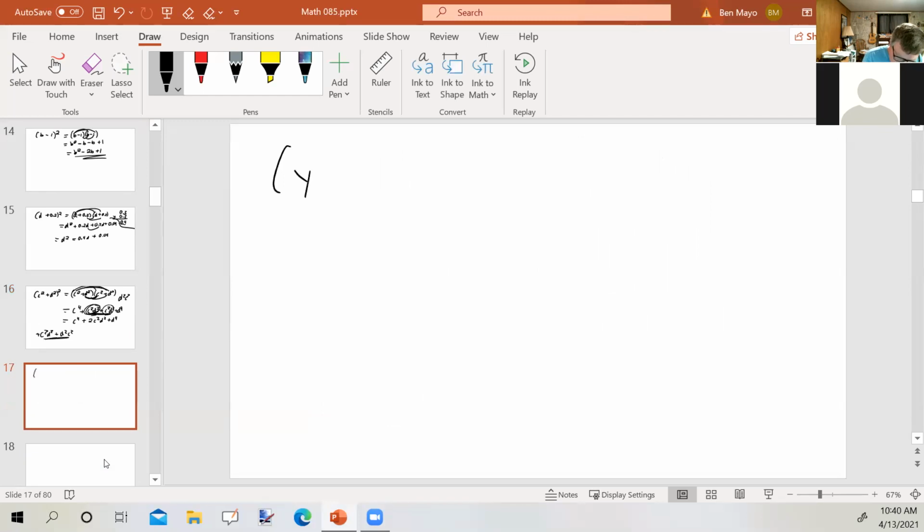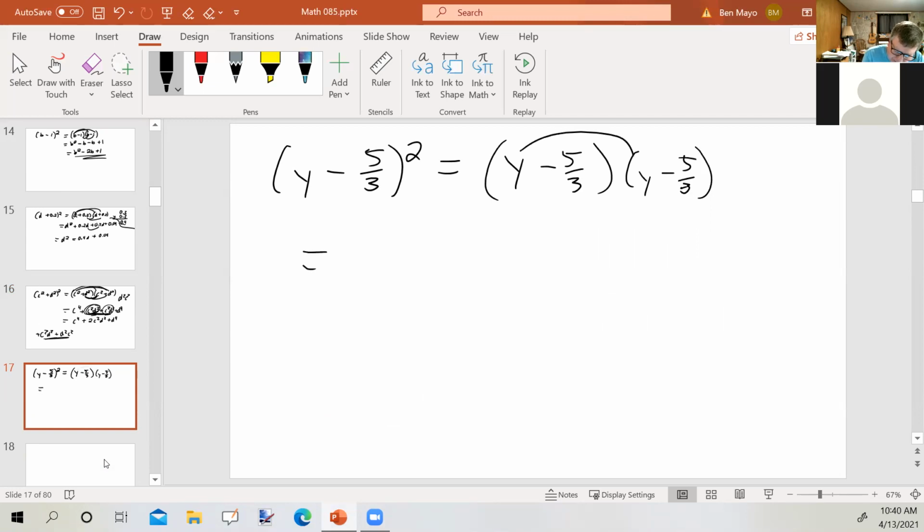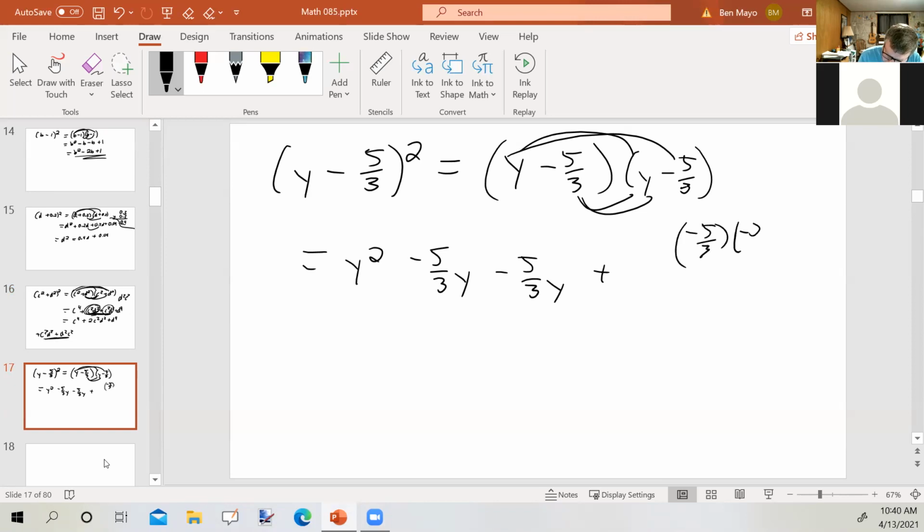Here's another example. Y minus 5/3, the quantity squared. So this is y minus 5/3 times y minus 5/3, which is going to be y squared minus 5/3 y minus 5/3 y plus, so negative 5/3 times negative 5/3 is going to be positive 25/9, because you multiply fractions straight across the numerators and then the denominators.